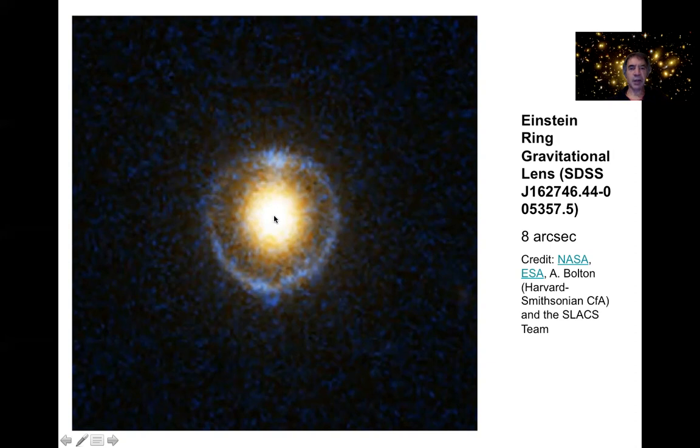Okay. But because of the alignment and the distorting effect of the foreground lensing galaxy, it's distorted into this beautiful, almost perfect ring. So this would be the Einstein ring radius, the theta E that we just worked out.